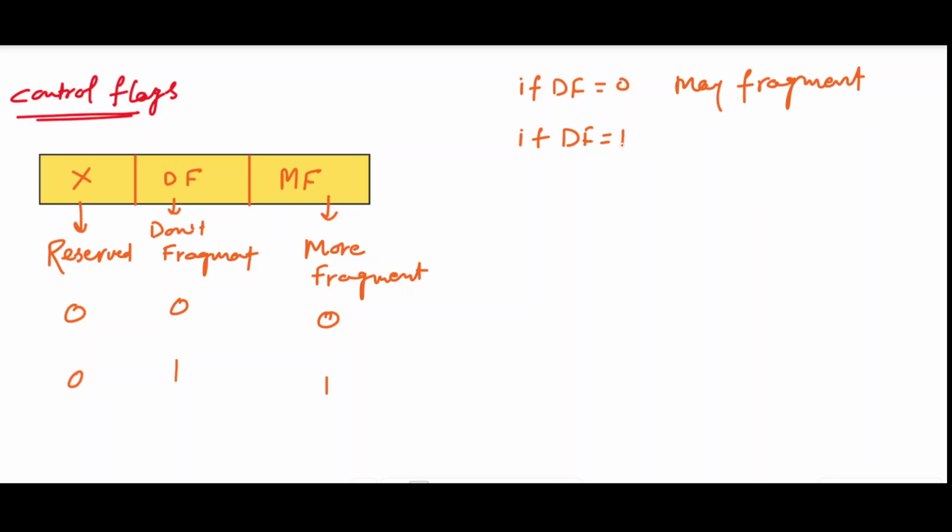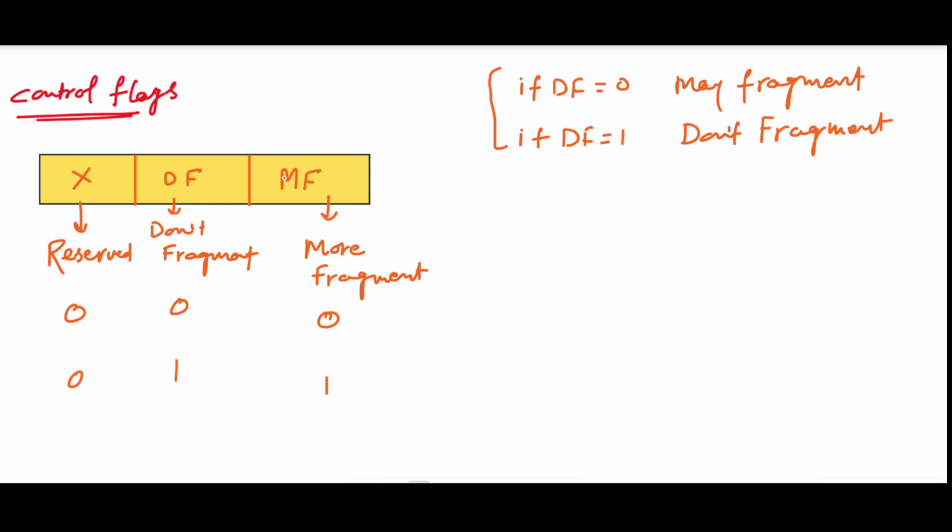If the DF flag is set to 1, it gives information about the fragmentation. That means generally we use the same term: don't fragment, no fragmentation. Don't fragment. Now this is the whole concept of don't fragment.